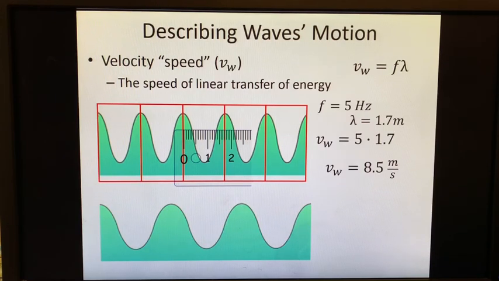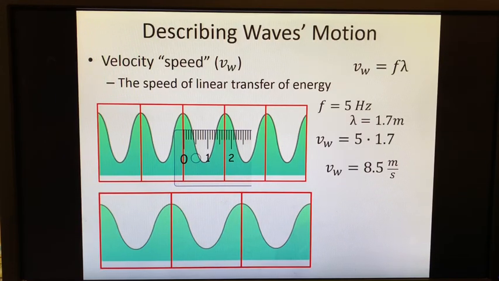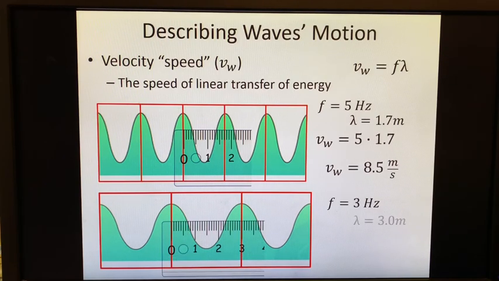All right, our other wave, 3 waves in 1 second, so a frequency of 3 hertz. The length of each wave, 3 meters. 3 times 3, a velocity of 9 meters per second for the wave.